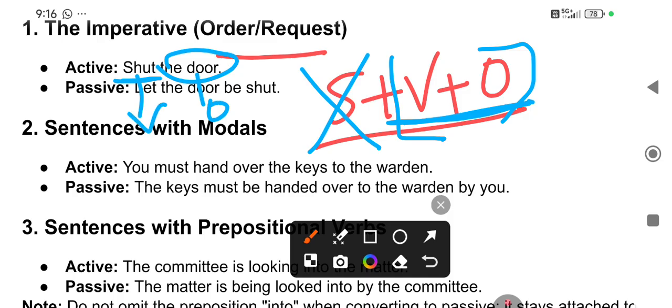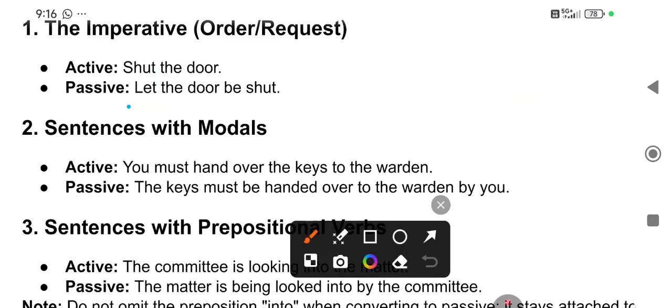So the sentence will be like this: let, then the door, and then shut. The rule I have told you is that you have to bring the object first. So this is the object, it will come here, and then the verb will be shifted here.